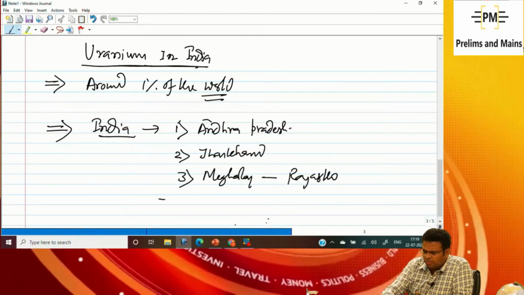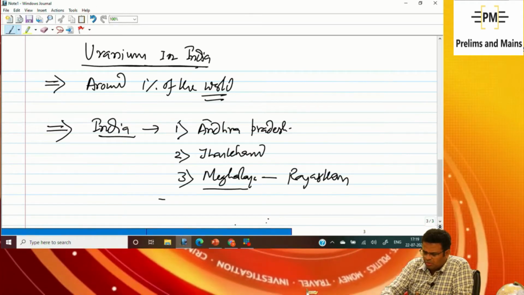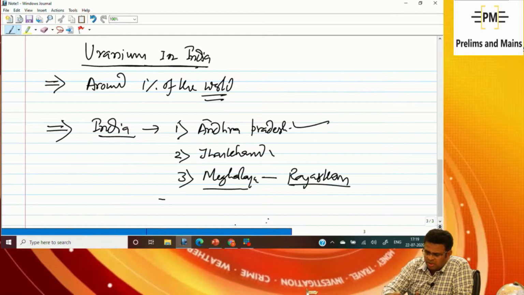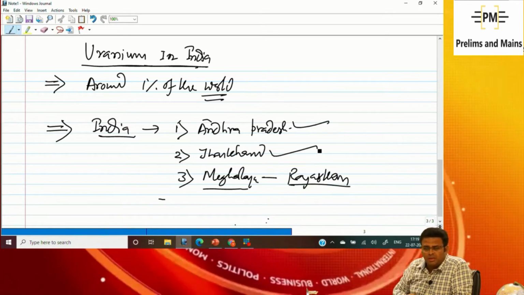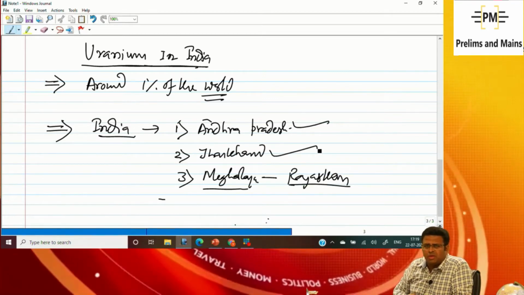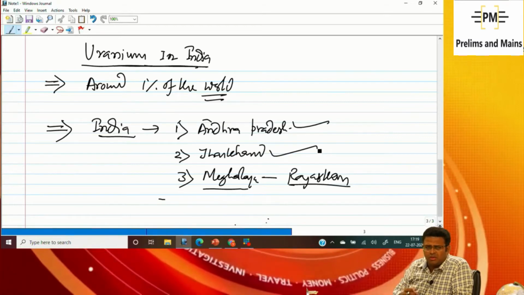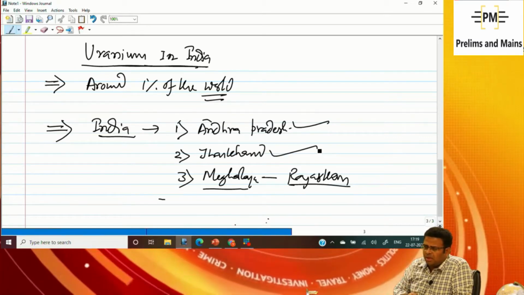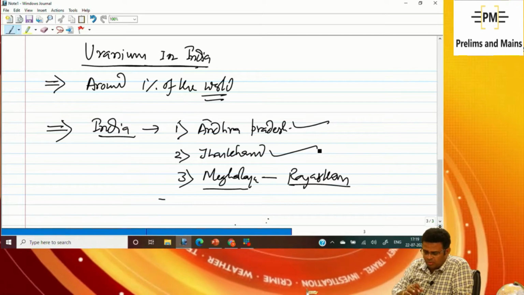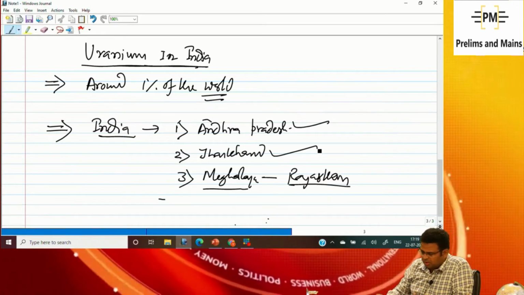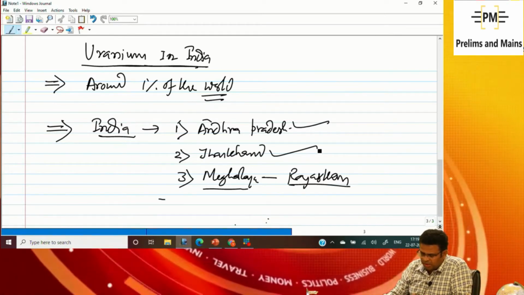So the two most important are Andhra Pradesh and Jharkhand. India has around 1%, or a little less than 1%, of the world's uranium reserve.